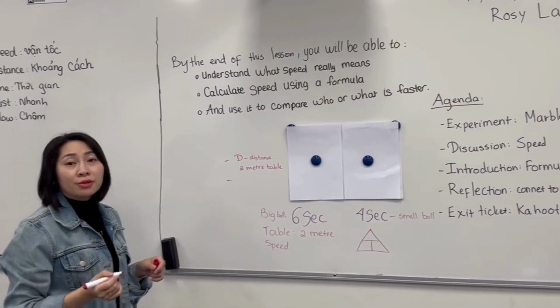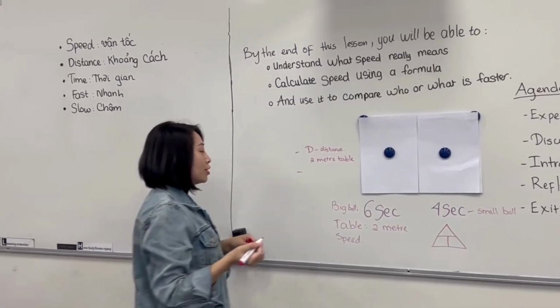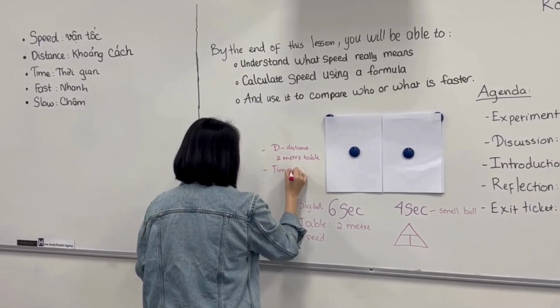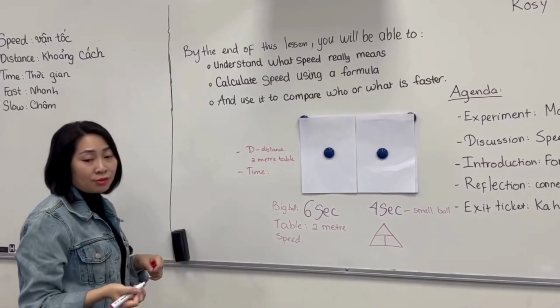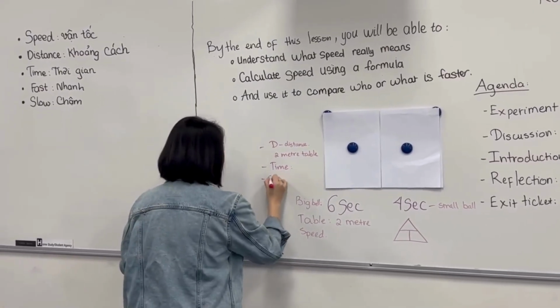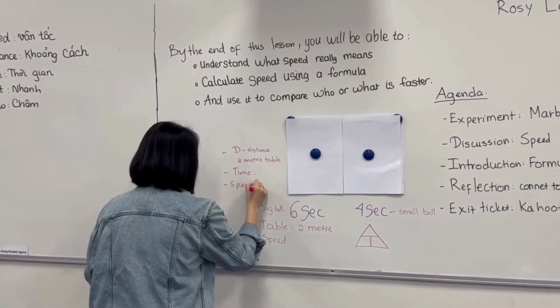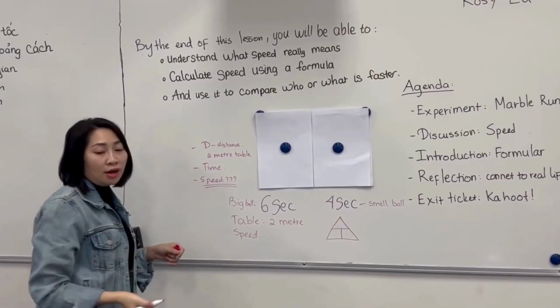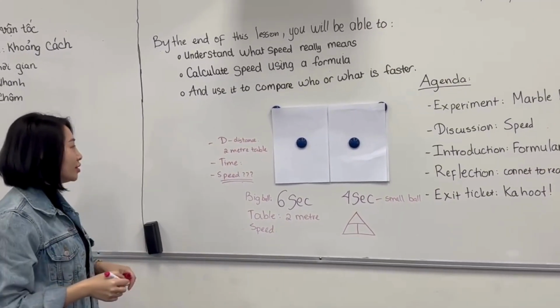What else do we know? We know the time, right? Time. And we don't know about the speed. And we're going to find out how much speed the 2 balls have, right?